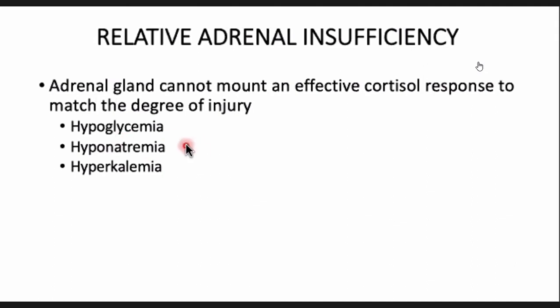There will be hypoglycemia from decreased gluconeogenesis, hyponatremia from impaired renal tubular sodium resorption, and hyperkalemia from diminished kaliuresis. Rigorous testing to establish diagnosis includes monitoring of the basal and ACTH stimulated cortisol levels, both of which are low during states of adrenal insufficiency. And the treatment will include low-dose steroid supplementation.